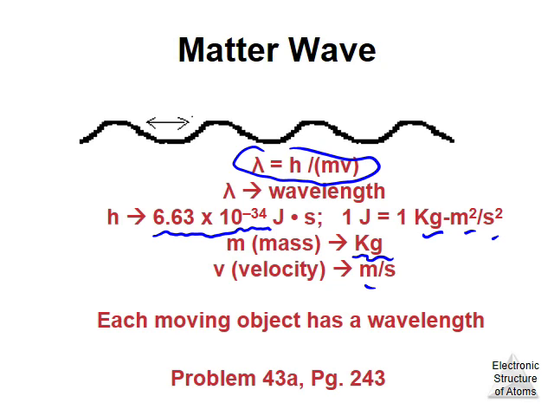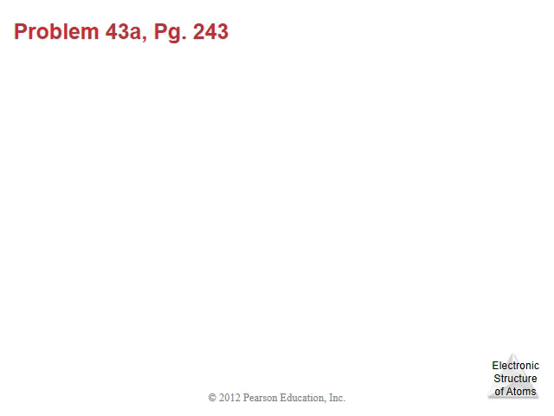Now, next thing that I would like to tell you is every moving object has a wavelength. And with this in mind, let's go over a homework problem from page 243. Let's do number 43A. The question is, determine the wavelength of an 85 kilogram person.